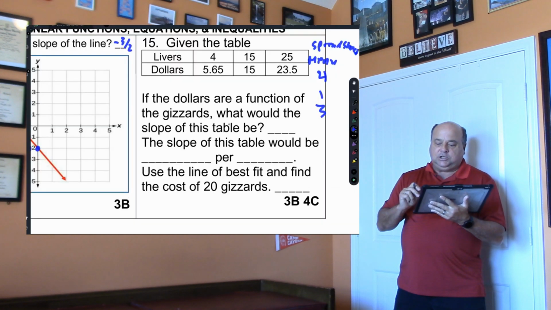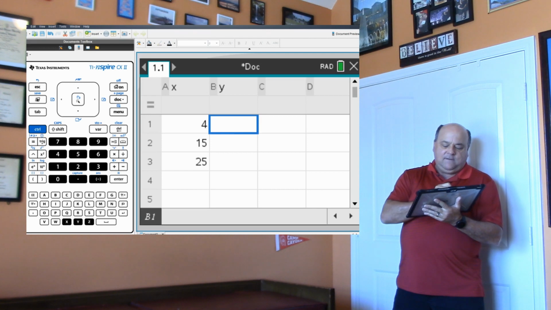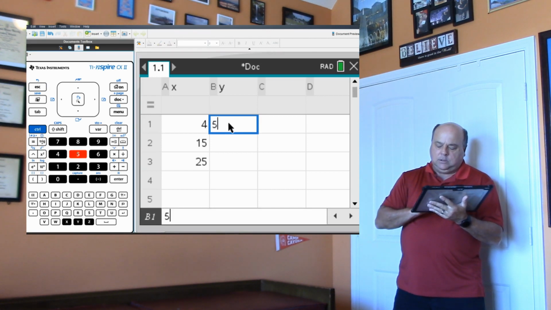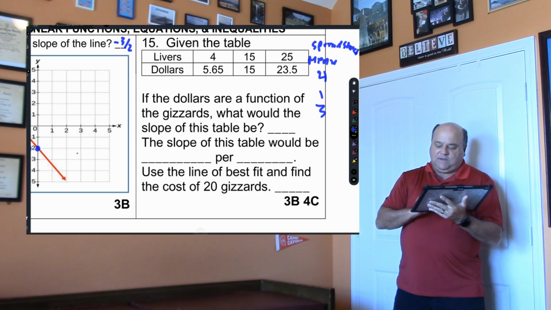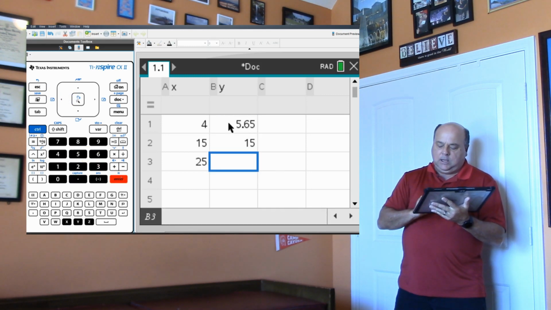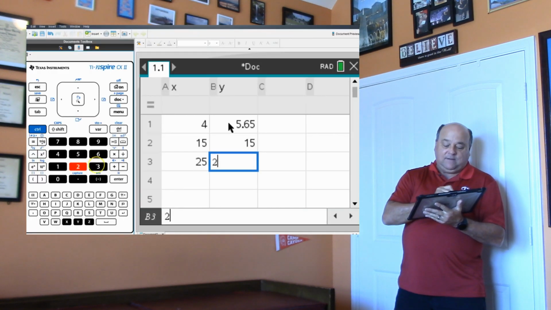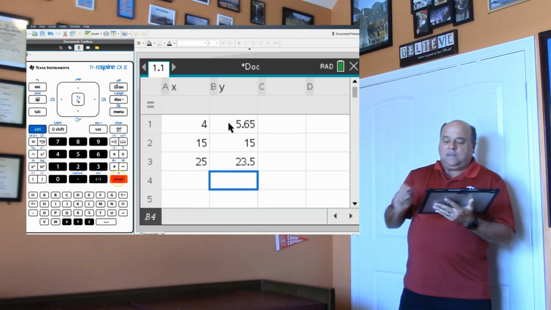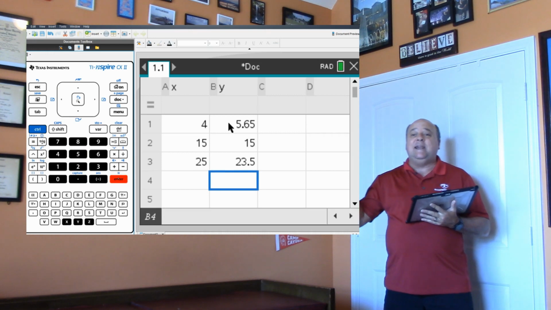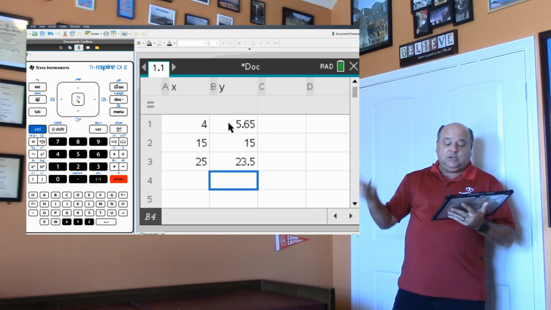Go to the spreadsheet, and 5.65 and 15.5. 5.65, enter, 15.5, enter. And then we have 23.5. Now then remember, that blue box cannot be on a number or it won't work, and you can't have a cursor flashing in it. So I got my numbers.